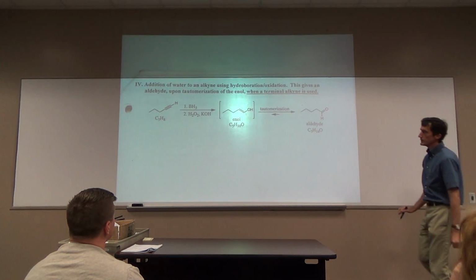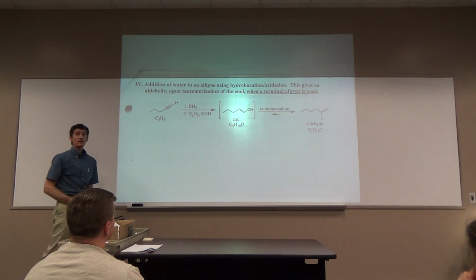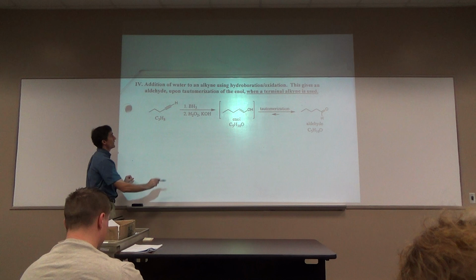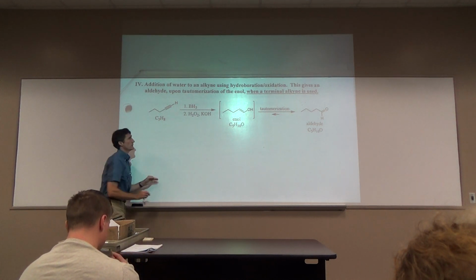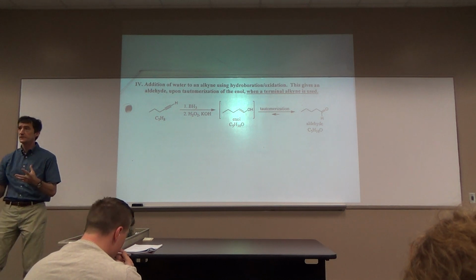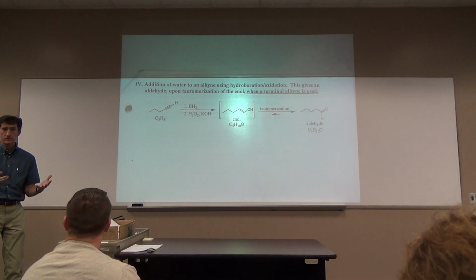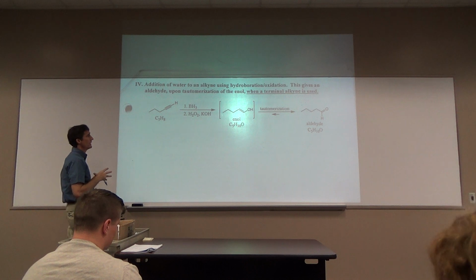Okay, can we use our reagents like hydroboration oxidation with alkynes? Yes, we can. What are we doing here? Looks like we're hydrating. That's a hydration method. It's a little bit convoluted. It's more than just water, but ultimately that's what it leads to: hydration of the pi bond.